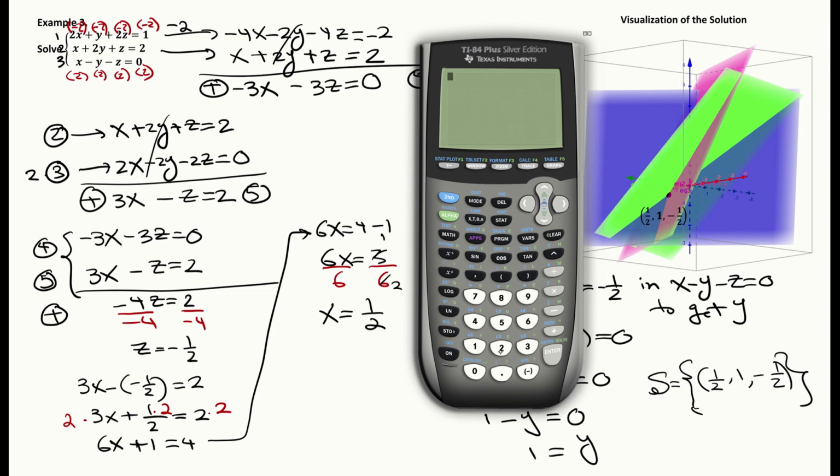So we're going to take 2 multiplied by 1/2, which is x, and close that parenthesis, plus y, which is 1, and then plus 2 times -1/2. Now, as soon as we hit the equal sign, what we hope to see is a 1, which we do.